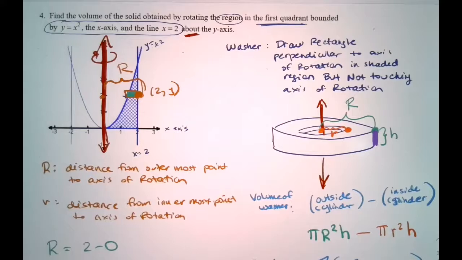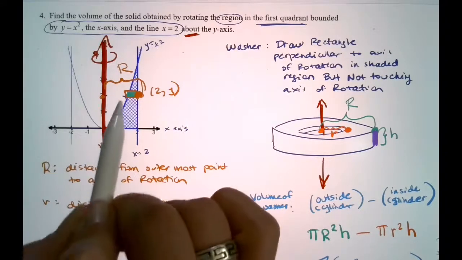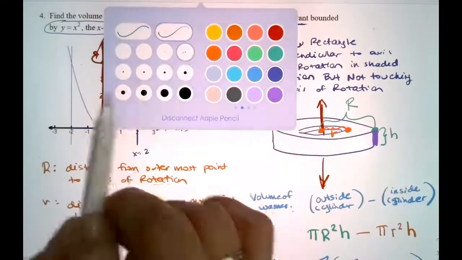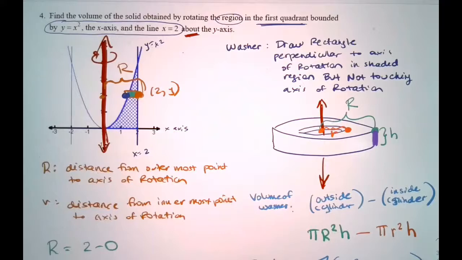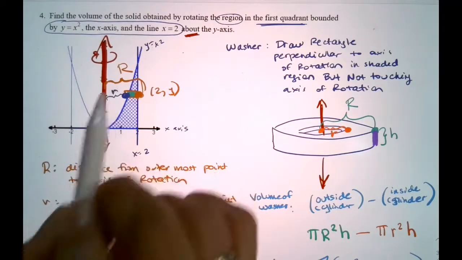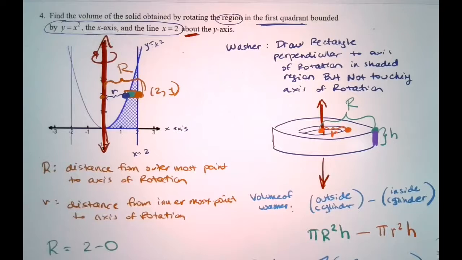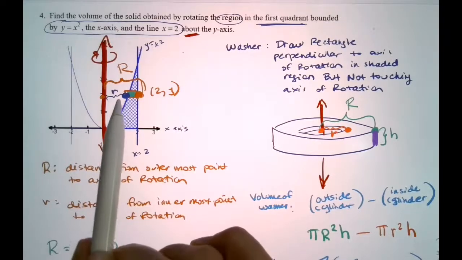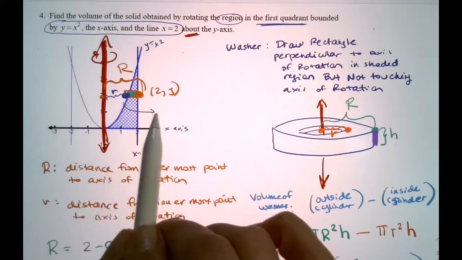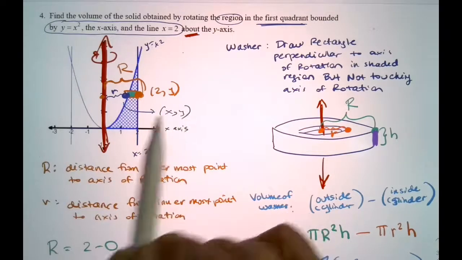That's your outer radius. Now, your inner r is the distance from the innermost point on that rectangle, so here it is, to the axis of rotation. That's your distance for little r. How far away is that? Now that is variable because that ordered pair right there, well, that's any ordered pair x comma y. X is variable and y is variable.